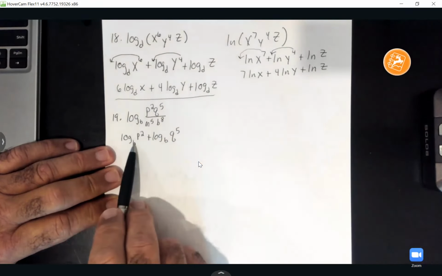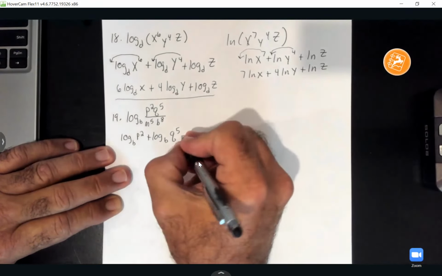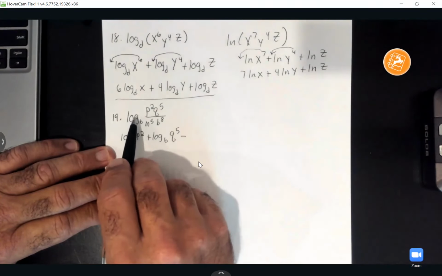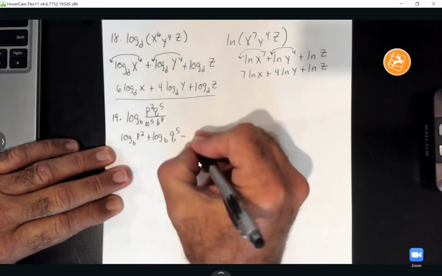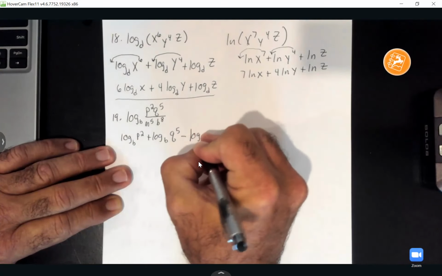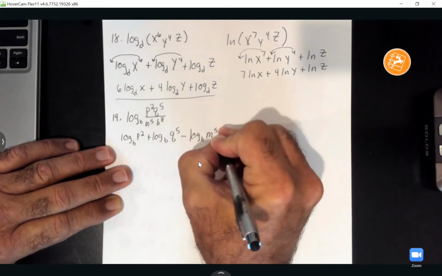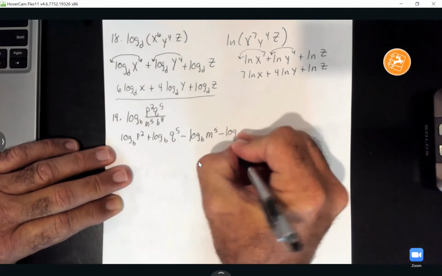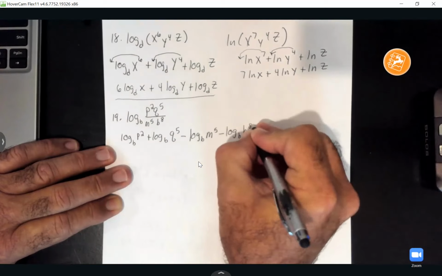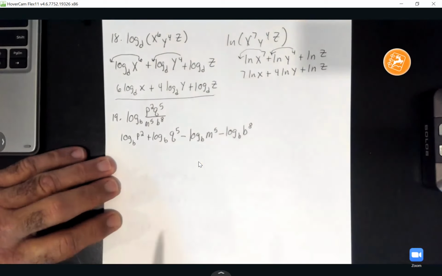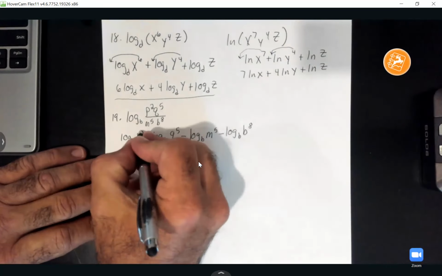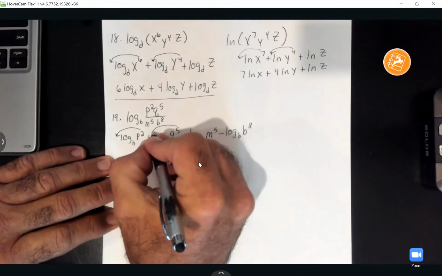So both factors on top are positive. Now we subtract the factors on bottom. So I got to subtract a log B of m^5. I got to subtract my log B of b to the 8th. And guess what? My last step is to, at least on 3 of these, we're going to bring our exponents down to the front.